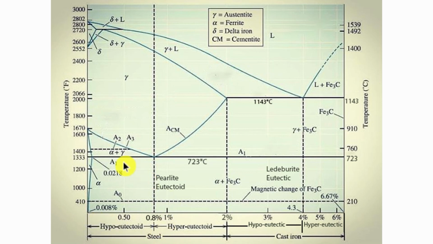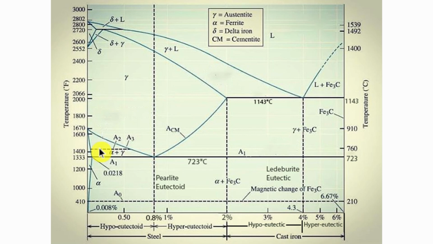Now you come to A1 temperature. A1 temperature is 723 degrees centigrade. This I will discuss later. Now come to A2 critical temperature, that is 768 degrees centigrade. It is the temperature above which ferrite is paramagnetic and below which ferrite is ferromagnetic.